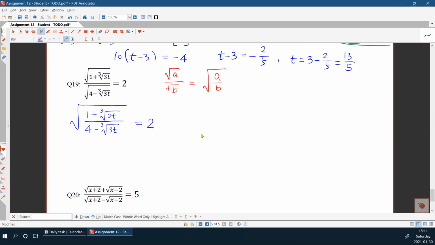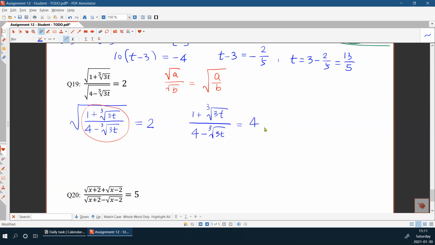Understand? This actually means the thing under the square root is a 4, right? This means 1 plus this over 4 minus this is actually a 4, because the square root of 4 is 2.